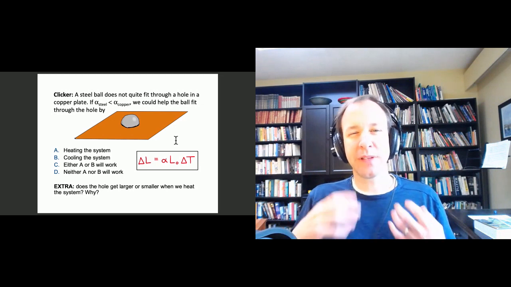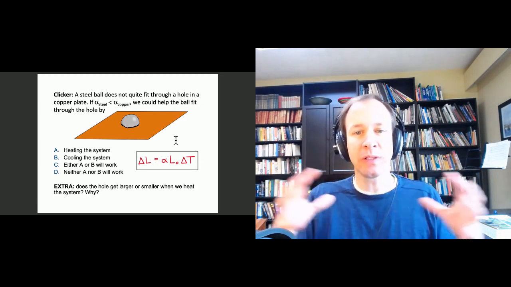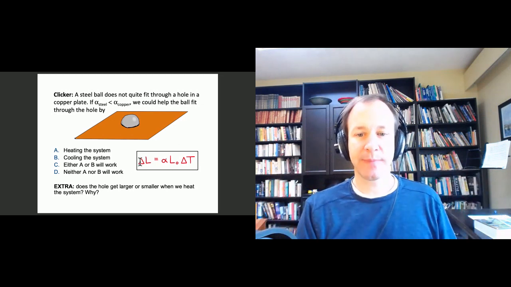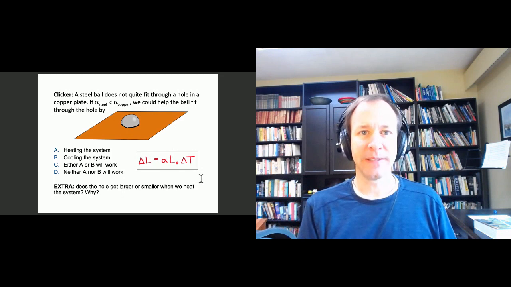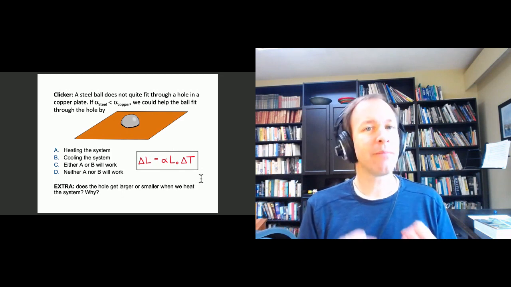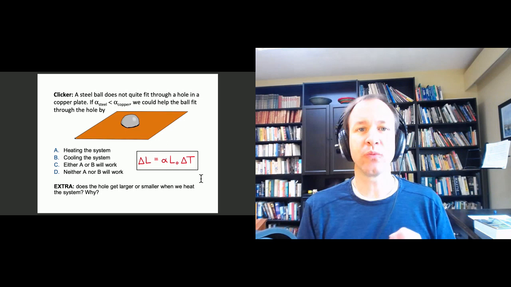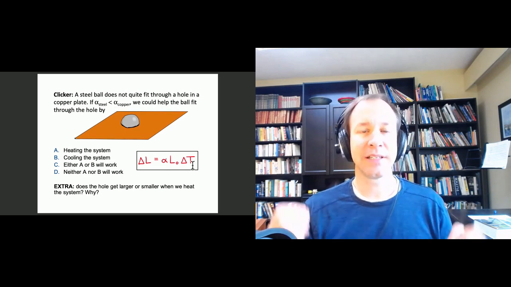Okay, so that actually assumes that the hole in the copper plate is going to expand based on this formula. I should quickly review why that would be. There are a number of ways to think about this. One of them is just that this formula applies to any linear dimension of an object.